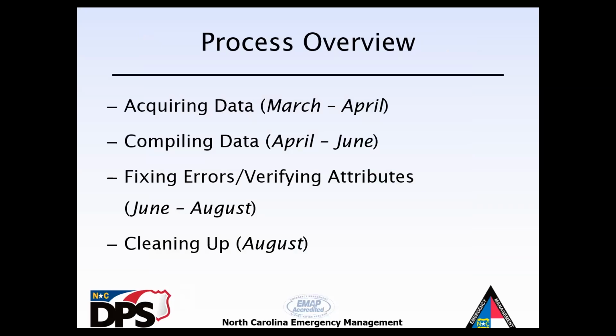Here's an overview of the basic process I used to construct the data set. I started by acquiring the data, and then I compiled the data. I then followed up by fixing the errors and verifying all of the attributes. And since I finished that, I've just been cleaning up, making some quality control checks to the data.